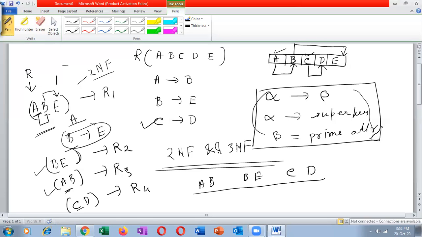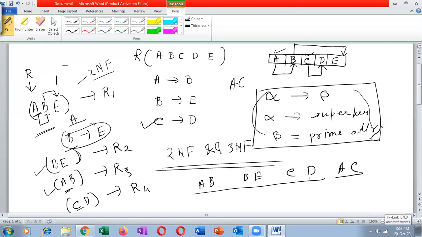Now, what was the candidate key there earlier? It was AC, right? I have to create a table for AC also. Why? Because otherwise, if I don't include the main candidate key, then I cannot actually join.